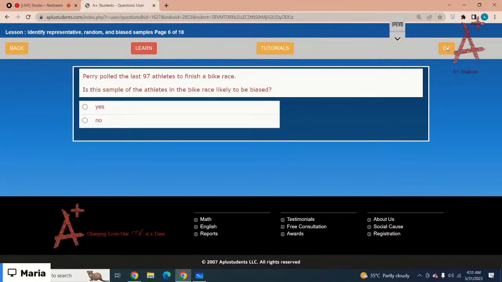Yes, it would be biased because the persons selected are not the same as the ones not selected. So, yes, that would be the biased data. Got it?